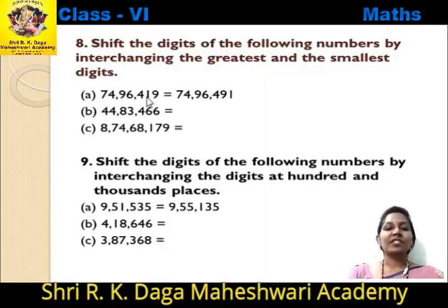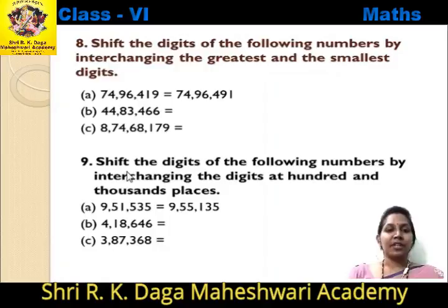We can interchange this 1 at units place or at 10,000s place, but units place comes first, so we will interchange these digits, and the new number formed by interchanging the greatest and the smallest digits will be 74,96,491. In this, we just change the digits of this 1 and 9. 9 comes at tens place and 1 comes at units place.